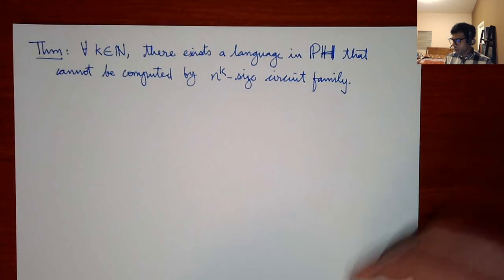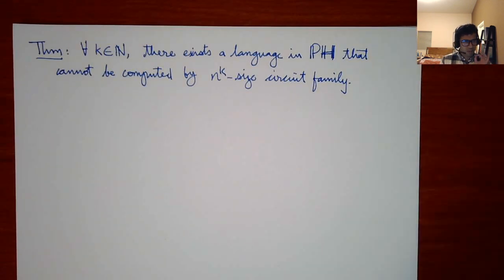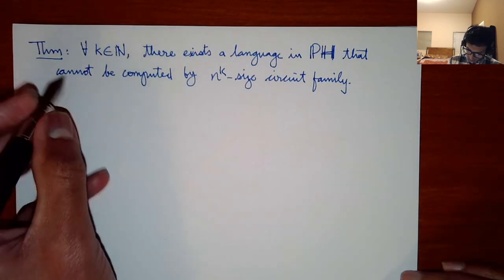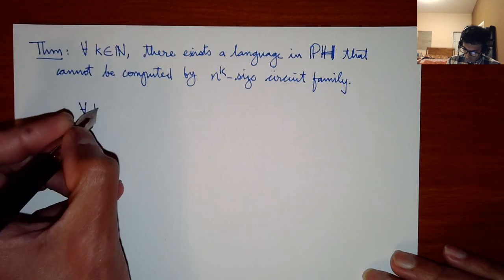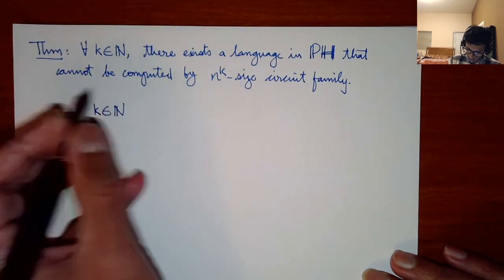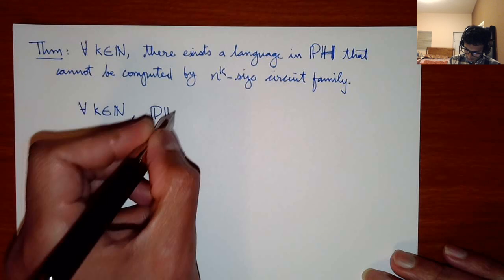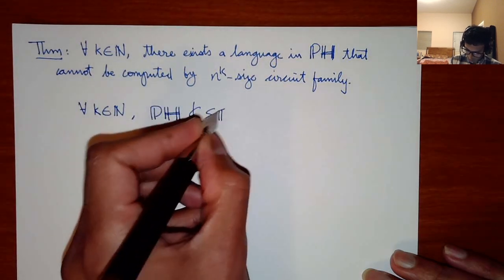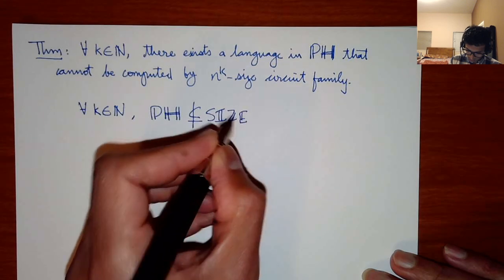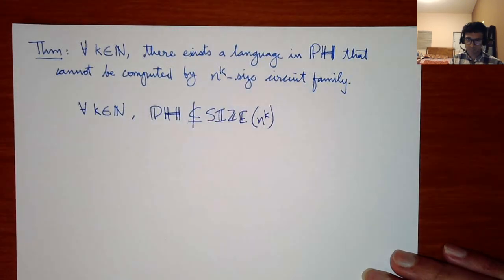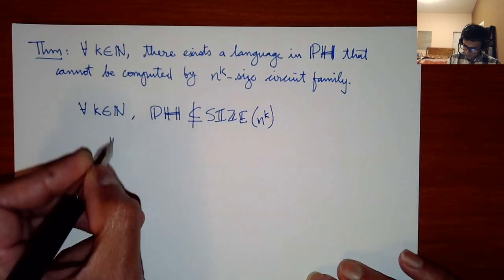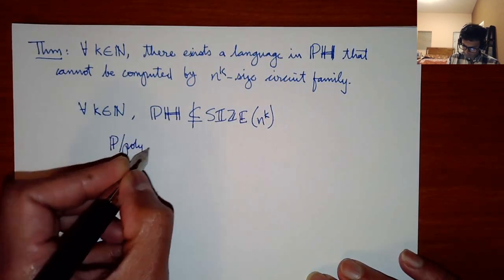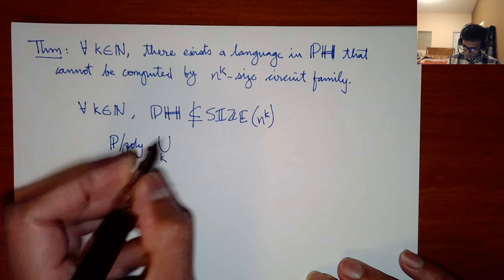So I want to show you how it seems like we're so close to proving P versus NP, and yet we know that we're really far. What this is saying is that for all k, all natural numbers, the polynomial hierarchy is not contained in circuits of size n to the k. Now what is P/poly? That is just the union over all k.